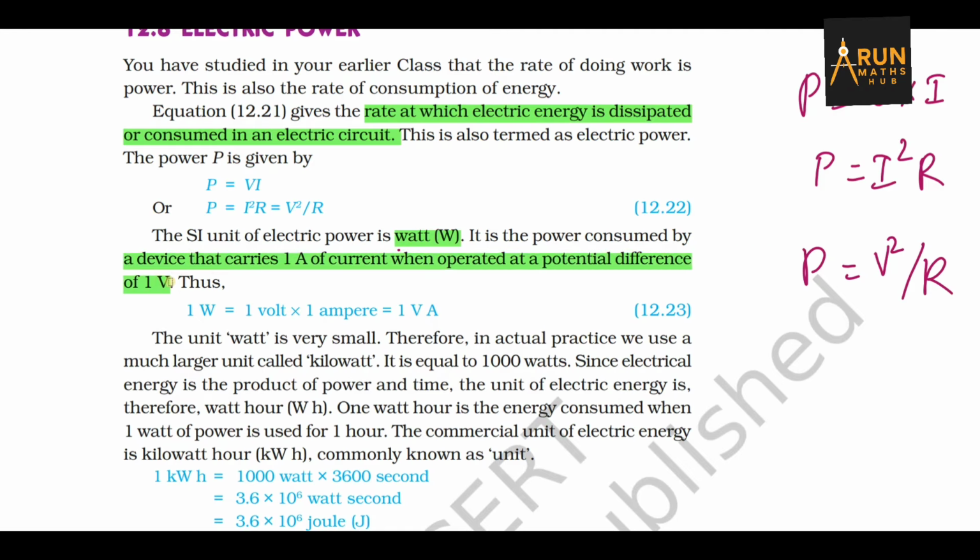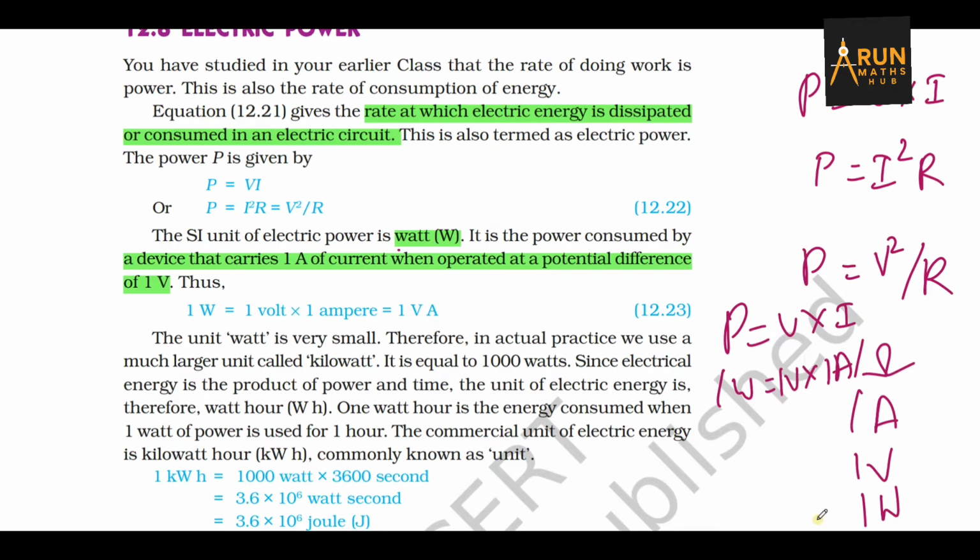If the definition of 1 ampere, 1 volt, 1 watt or 1 ohm is asked, you should always relate this with the equations, then it will be very easy. P equals V into I. 1 watt equals 1 volt into 1 ampere. That means an electrical appliance is operated at a potential difference of 1 volt if 1 ampere of current flows through it, right?